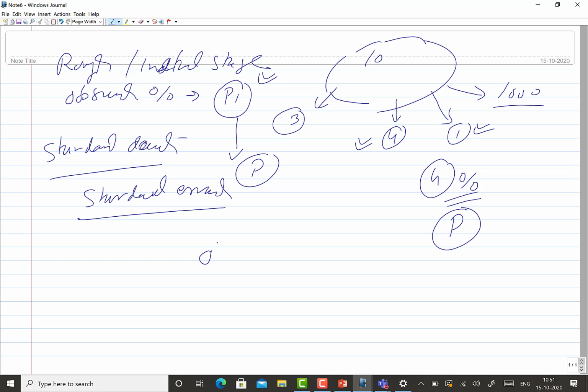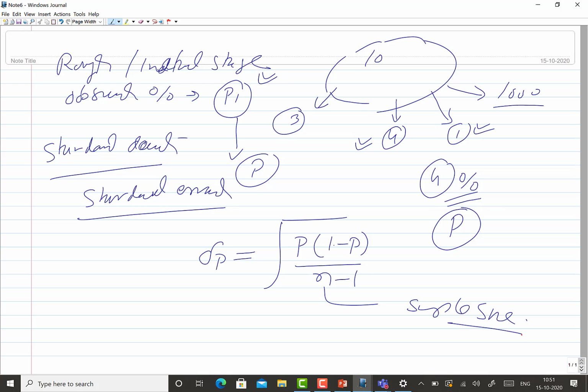The standard deviation, sigma P, is quantified using the equation: square root of P1 into (1 minus P1) divided by N minus 1. N is the sample size, like you are taking 20 observations and the percentage occurrence in the 20 observations is 4, so 4 by 20 is the P value. So how are P and P1 related?